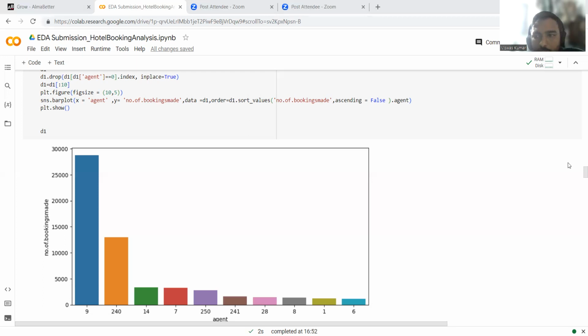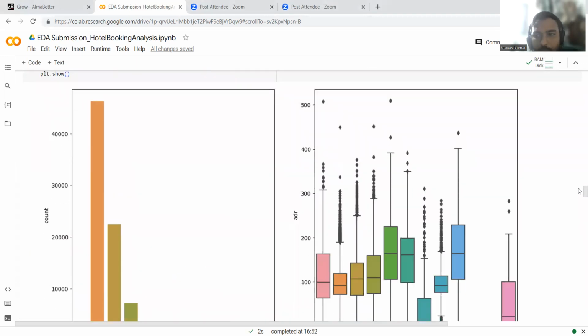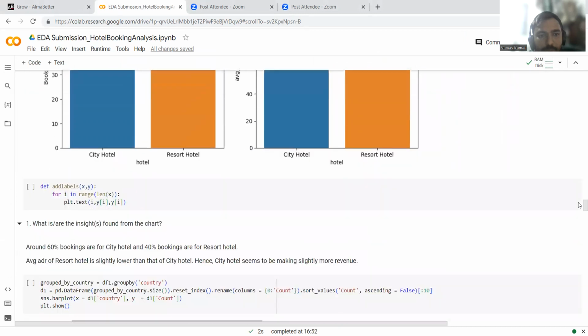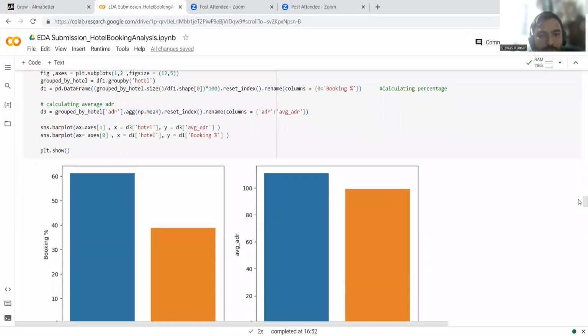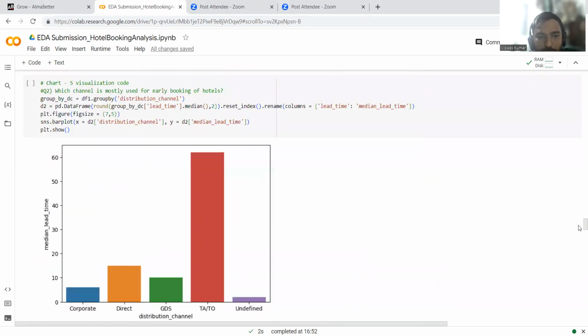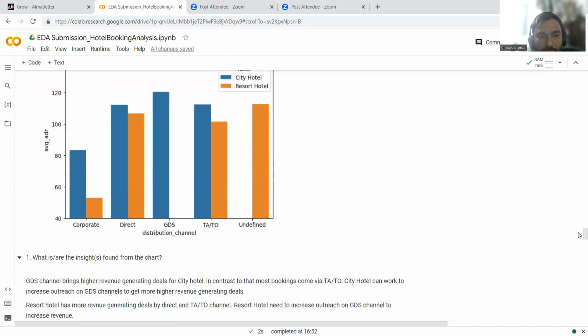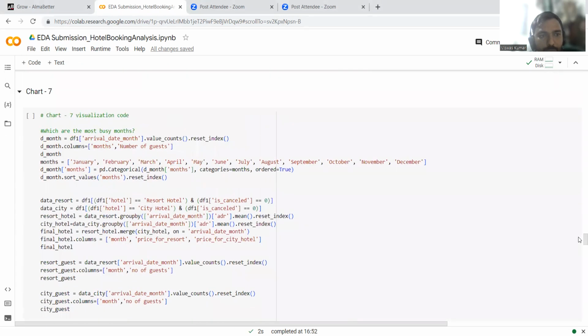And coming to the programming part, this is a visualization asking which are the most busy months.